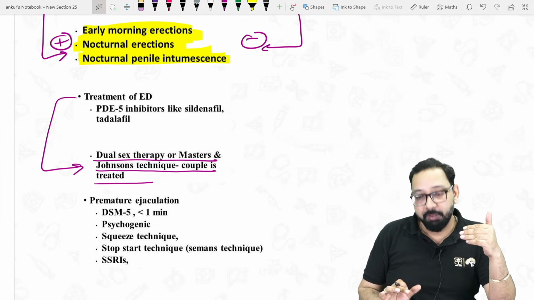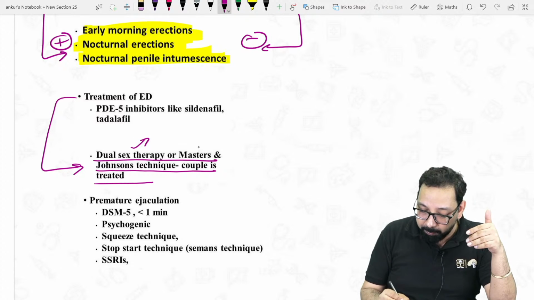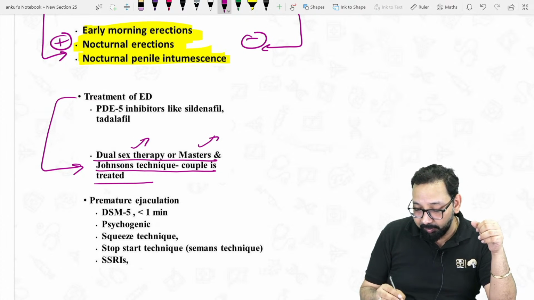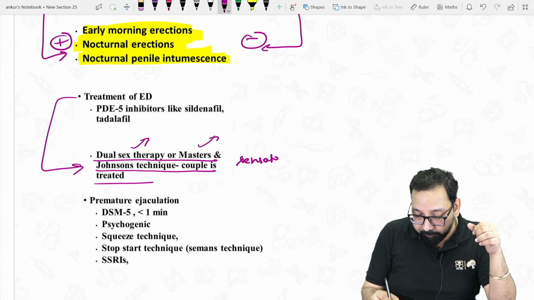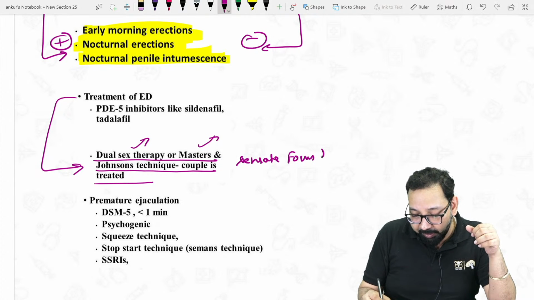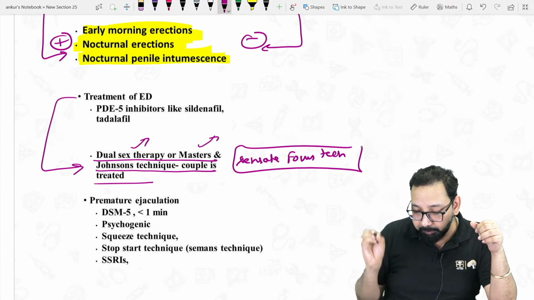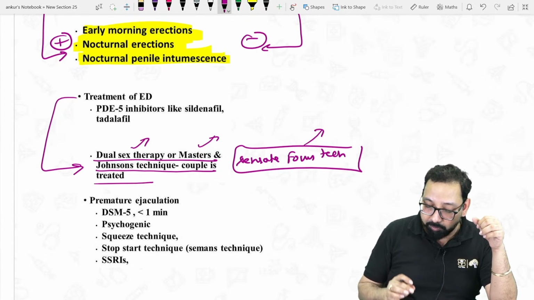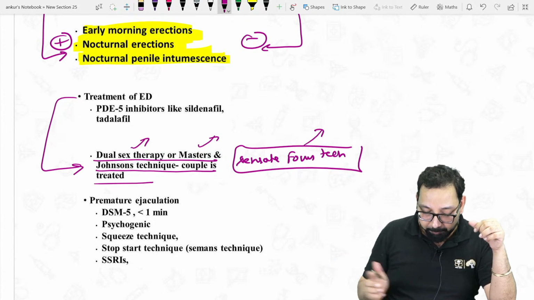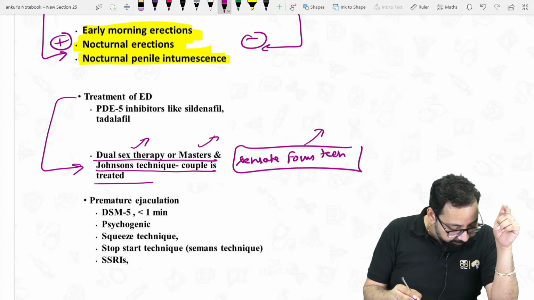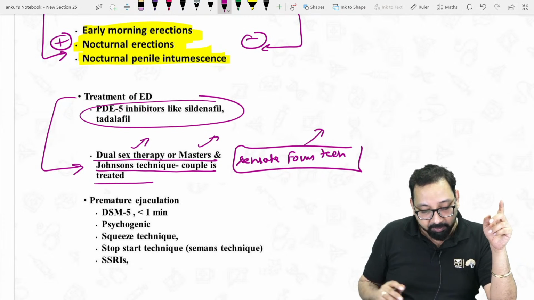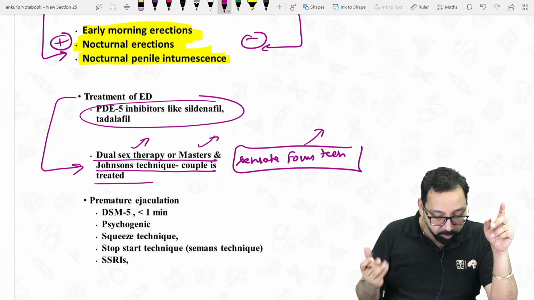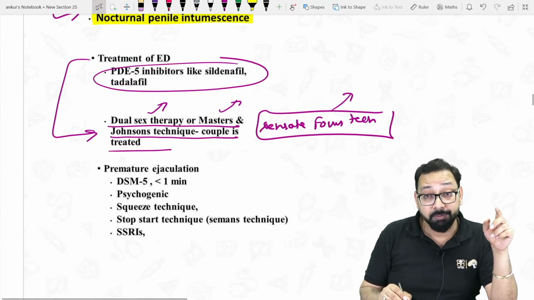But actually dual sex therapy or Master and Johnson technique, that is sensate focus technique, means which are the zones which can be stimulated to get the erection. Pharmacological treatment, we have sildenafil, tadalafil, phosphodiesterase 5 inhibitors, you all know. But best is psychological.